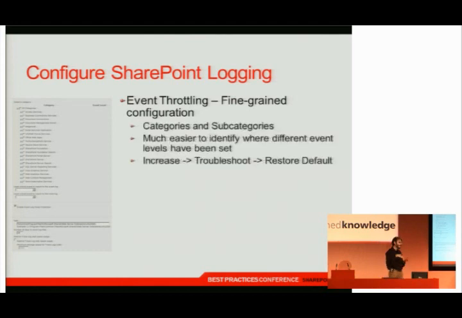So you have categories and subcategories. You can, for example, boost a logging level, so have much more verbose information for, I don't know, search, then try to reproduce the issue, and then turn back to the default levels. And this is fine. Then another configuration setting that you have is the log files location.